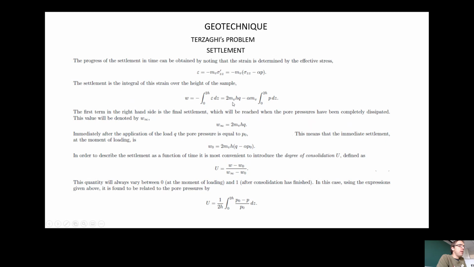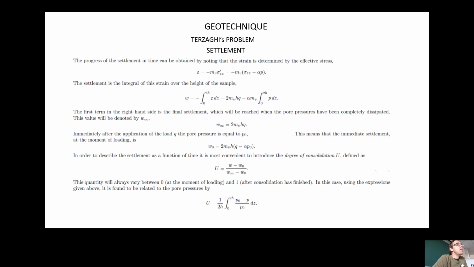Excuse me, it is this part, because this can be considered dependent on pore pressure. But when pore pressures are 0, this part, of course, is 0. So this value can be, as we said, called W infinite. That means that the pore pressures are dissipated. And immediately after the application of load Q, the pressure, of course, is equal to P0.